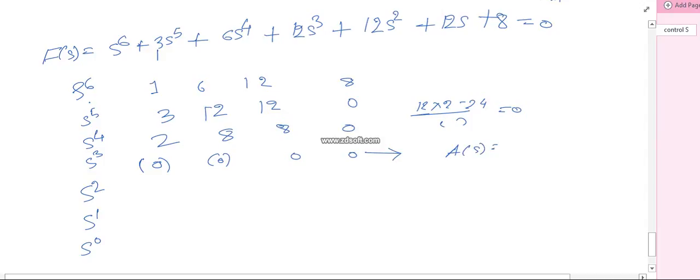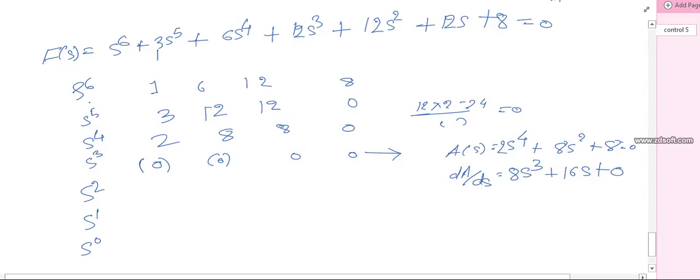You get A = 2s^4 plus 8s^2 plus 8 is equal to 0, and dA by ds you get 8s^3 plus 16s plus 0. Okay, so you got the new coefficients.